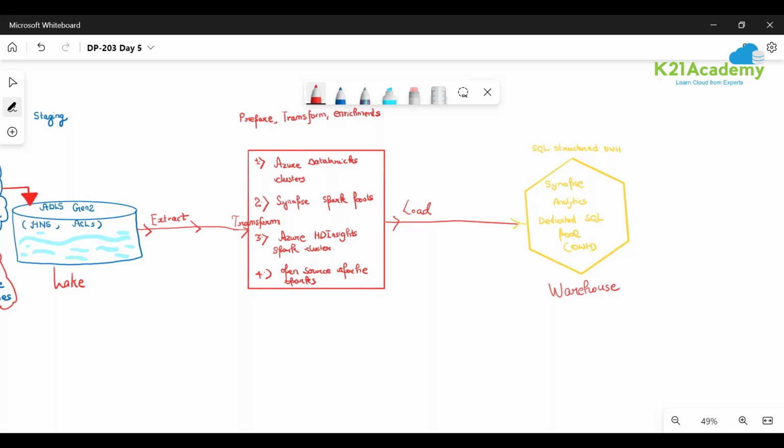So essentially, you have to take your processed data frames that we have in Spark clusters. Those data frames have to be loaded into tables in the data warehouse. Correct? Those data frames have to be written into tables.